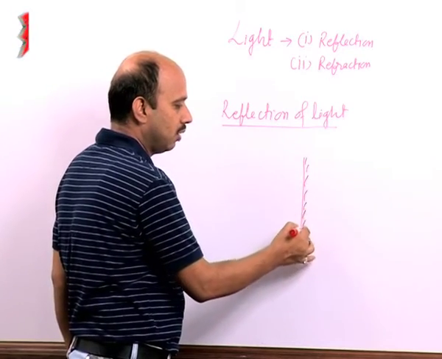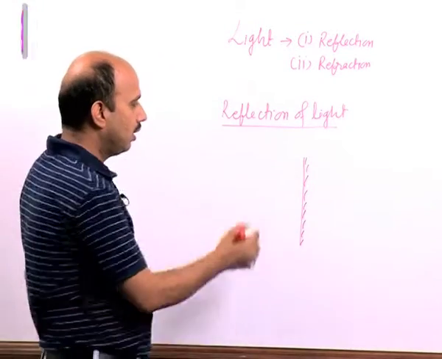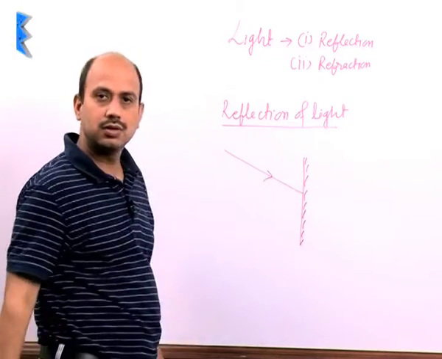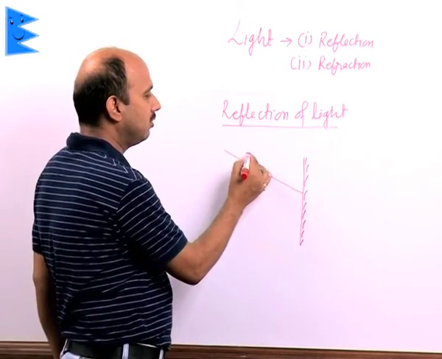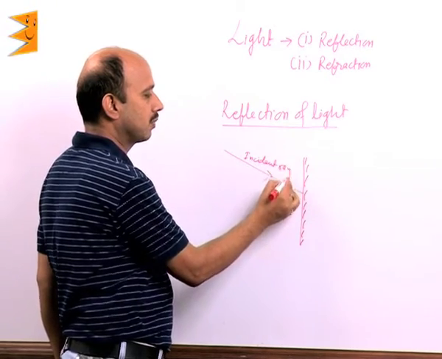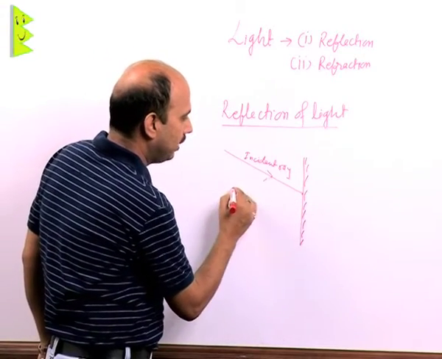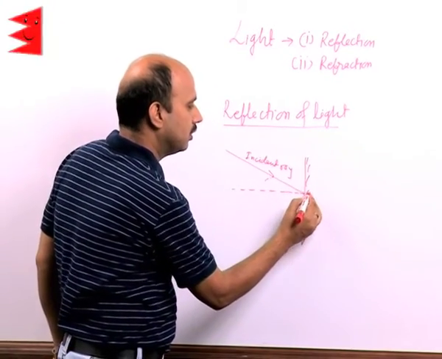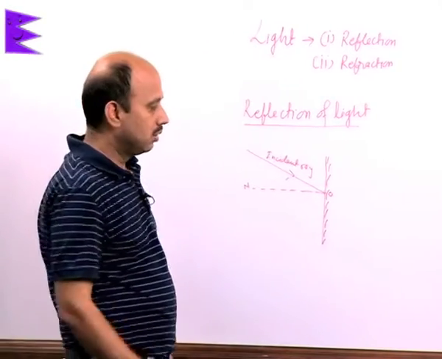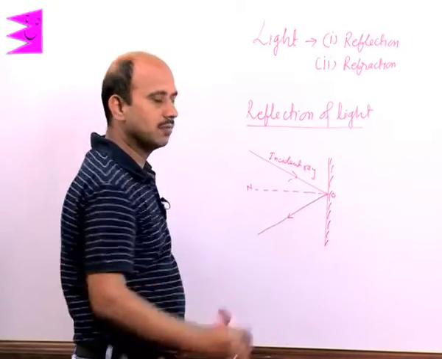Suppose you have taken here a plane mirror. This is a plane mirror, polished on one side. A light ray is falling over here at this point. This is taken as the incident ray. Now, at the point of incidence, we draw a normal. This we can call O and N. Then the light reflects from here in this direction.